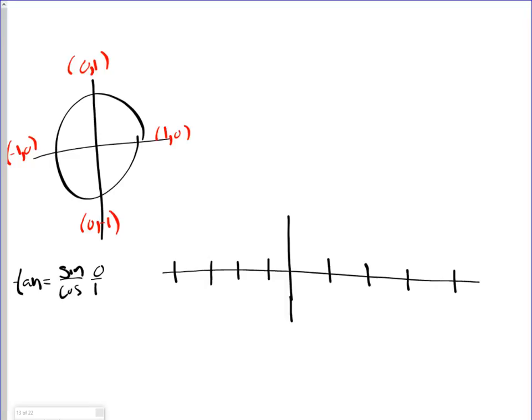It's 0. Let's go to pi halves. On pi halves, what's 1 divided by 0? Undefined. So at pi halves, imagine that's not really there. We're using it as an asymptote.